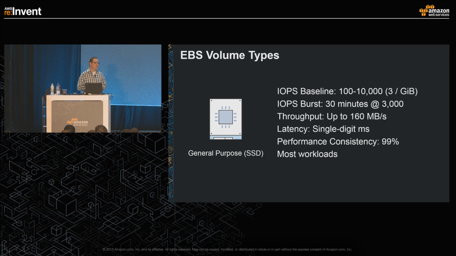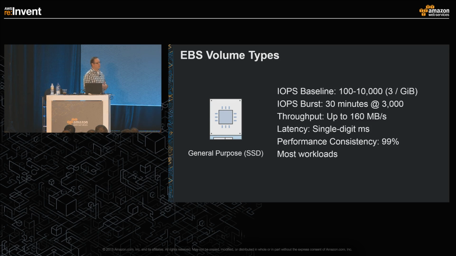So every GP2 volume starts out with 100 IOPS baseline. And I'm going to talk about something called the credit bucket and how the burst works in a little bit more detail. And you get 3 IOPS per gigabyte. So you should be able to provision up to 10,000 IOPS on 700 gigabytes, if memory serves me correct. Throughput is up to 160 megabytes a second.